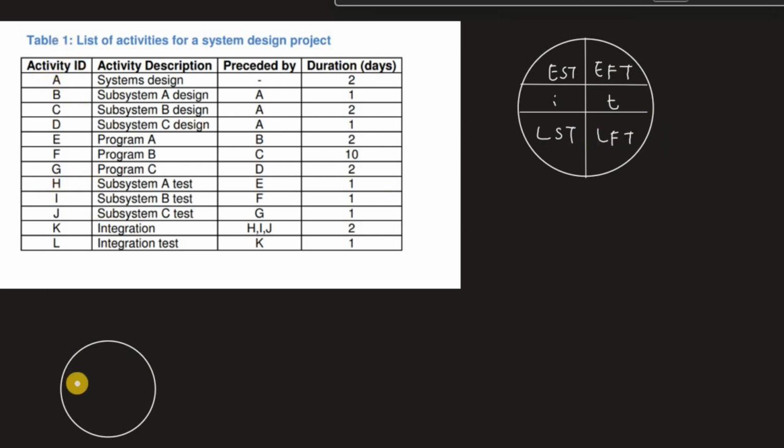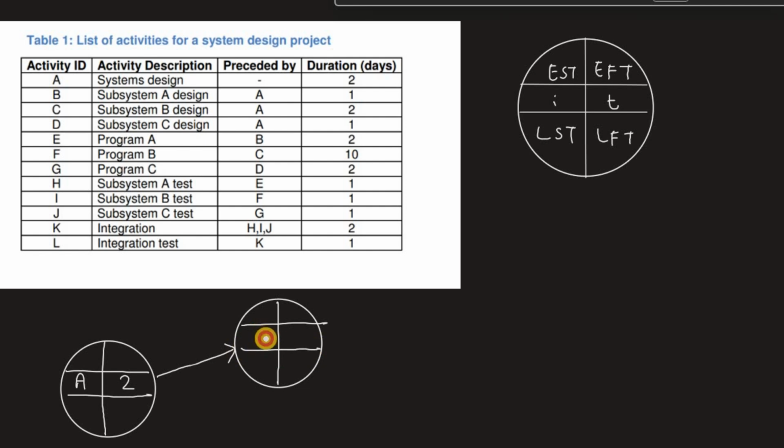So the first activity that we have is activity A, and the duration of the activity is 2. Next we have activity B, and remember it depends on A, so it's going to come after A. Once activity A is completed, activity B comes, and the duration of activity B is 1, as we can see from the table.